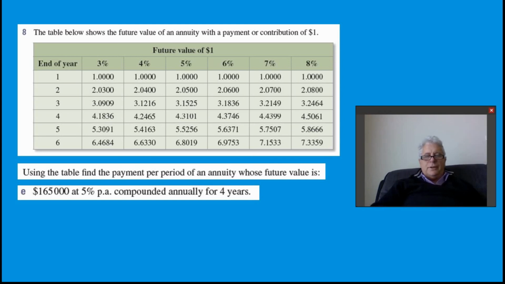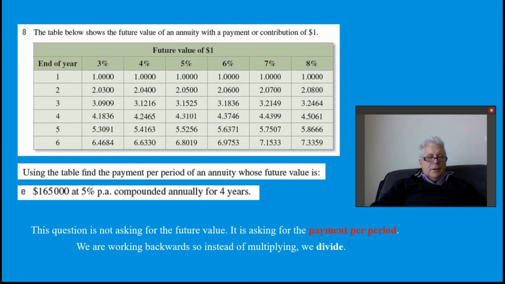So we don't need to work out the percent column because it tells us compounded annually is 5%. So it's the 5% column, and the end of year is 4. The question is not asking for future value, it's asking for payment per period. Very important to remember. We're working backwards, so instead of multiplying, we divide.